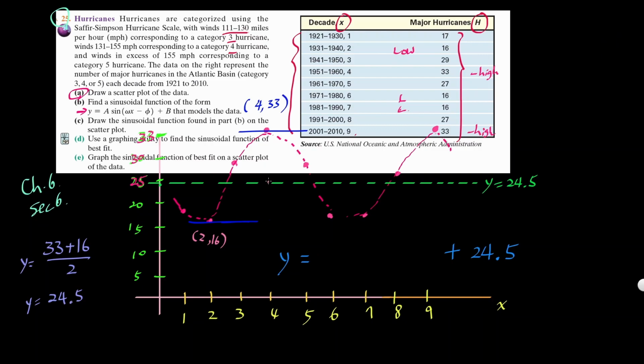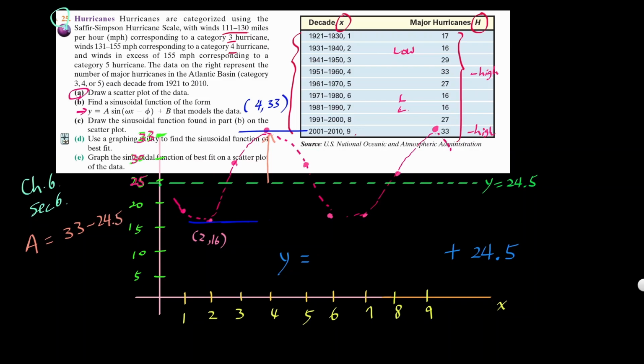That's easy. It's the distance from the midline to the highest peak or the lowest trough. So let's figure out what that distance will be. A would be 33 minus 24.5.